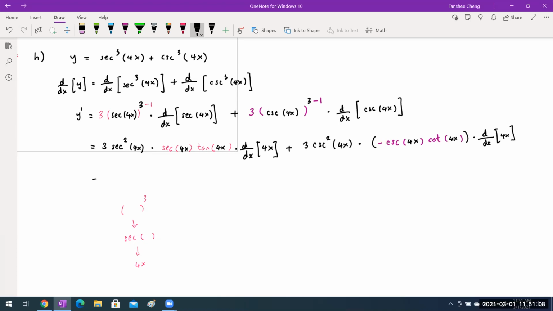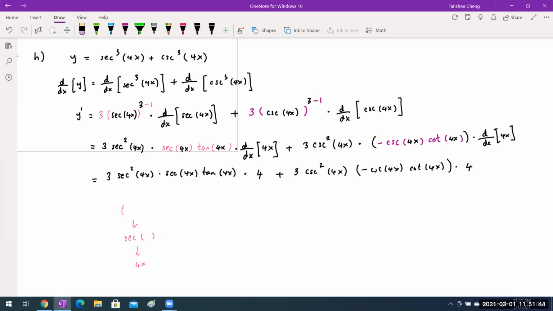So finally, now we can write it down. 3 times secant 4x times secant 4x tangent 4x times the derivative of 4x, which will be just 4, plus 3 times cosecant squared 4x, negative cosecant 4x cotangent 4x, and then times 4.